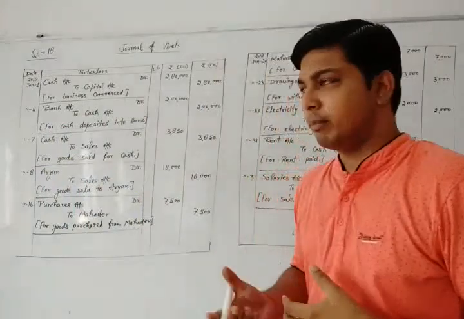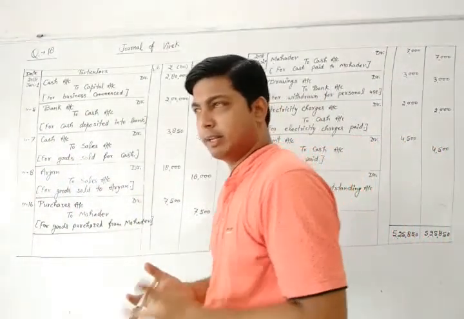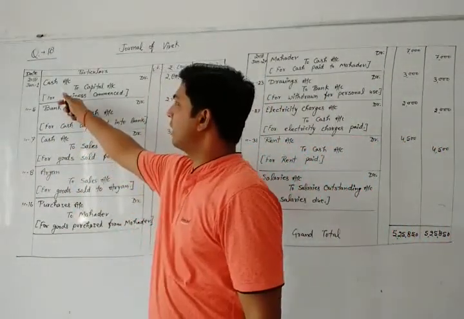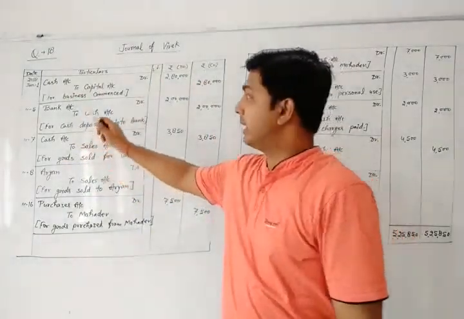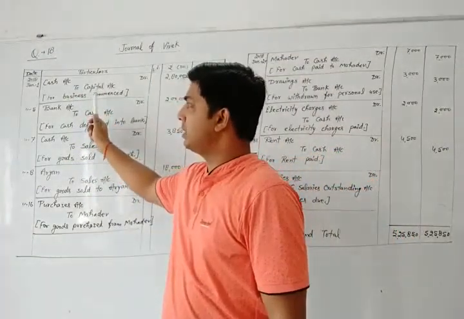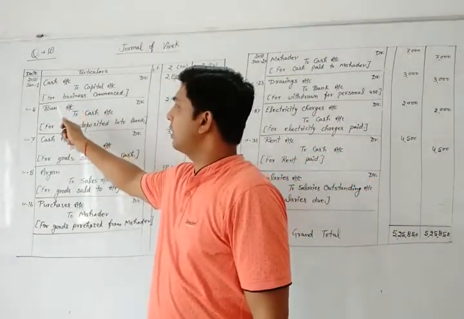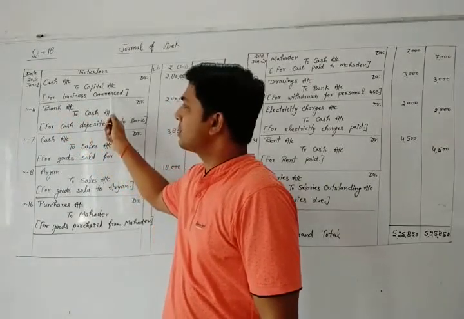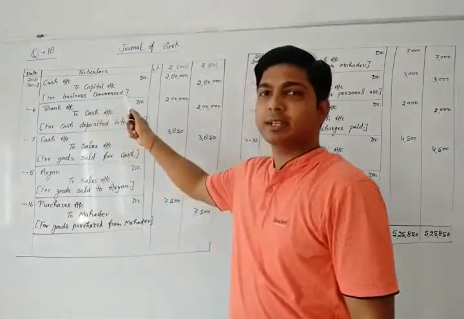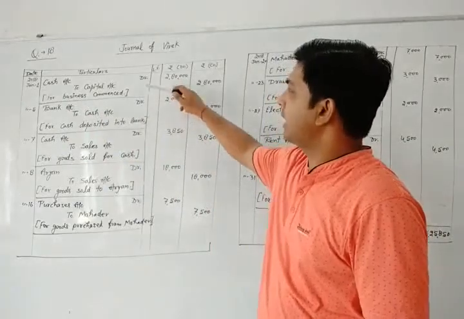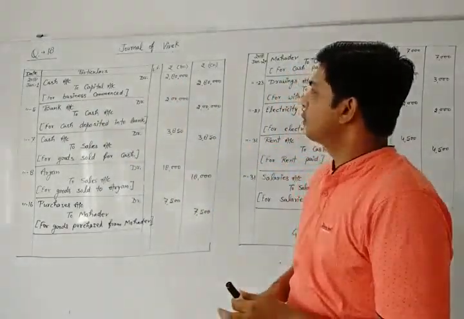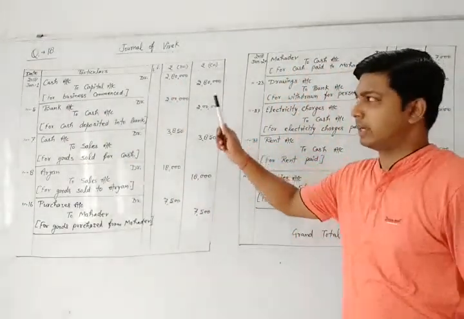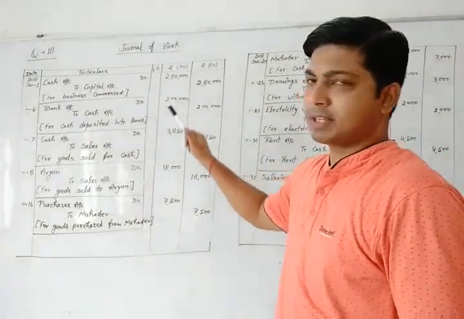Capital would belong to any person who is the investor of the company. So cash account debit to capital account. Narration must be there with each and every entry. The narration is for business commenced, or we can write for business started. The amount 2,80,000 at debit side, 2,80,000 at credit side. So that is the first entry.